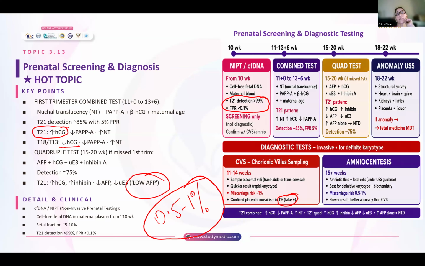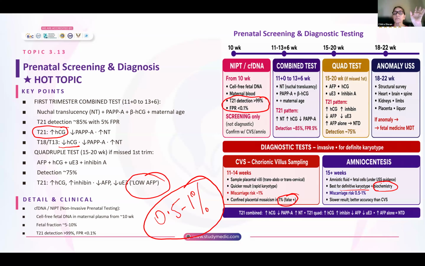Amniocentesis will be done after 15 weeks of pregnancy because you need a good amount of amniotic fluid. You collect the amniotic fluid and then that fluid is sent for karyotyping. Amniocentesis is always done under ultrasound guidance because you want to avoid the placenta. It is very good for definitive karyotyping, and because a lot of fluid is available, biochemical tests also can be done on the amniotic fluid.